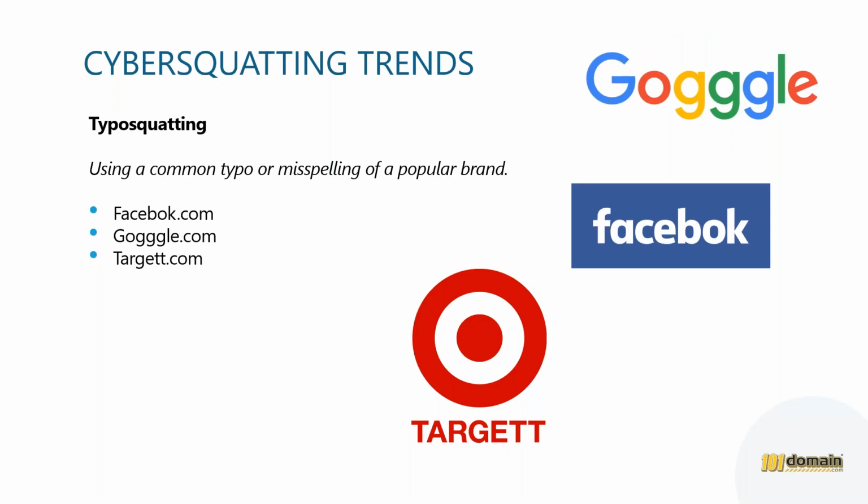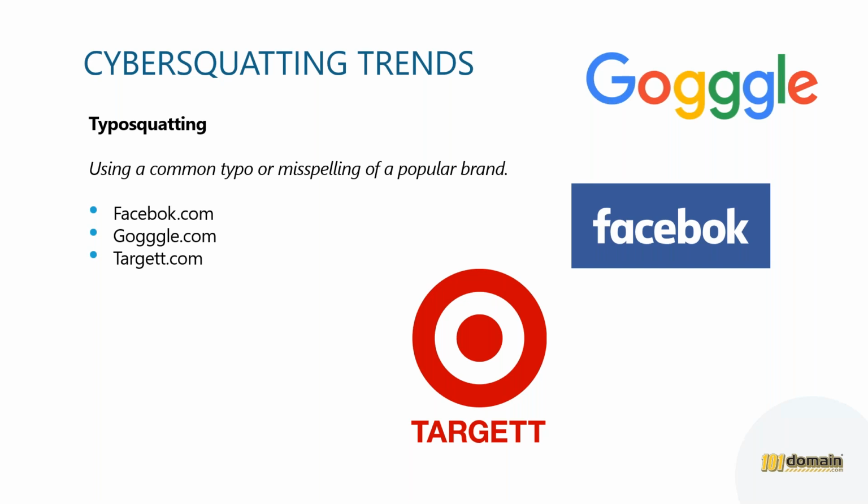Okay. So we're going to go over a couple of cyber squatting trends that are showing up right now. Typo squatting, that's been around a long time and it's still prevalent. I've put 3 examples up here. You can see Facebook.com, Goggle with 3 G's, Target with 2 T's.